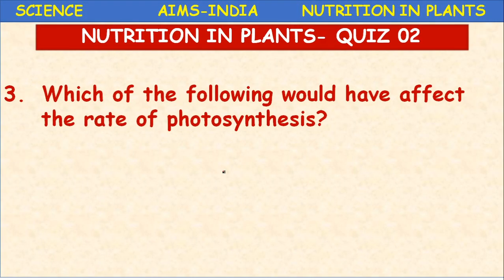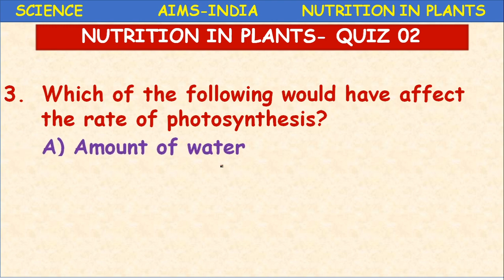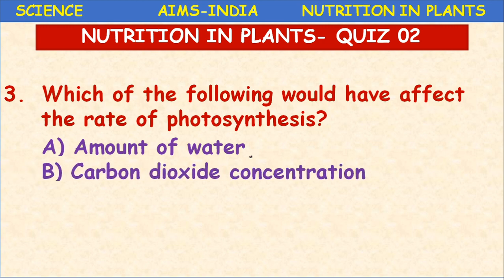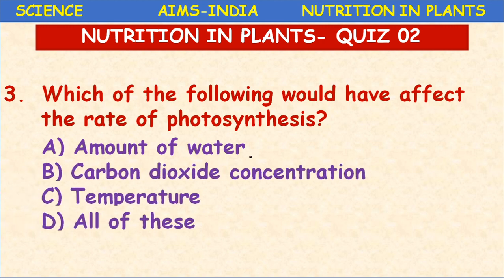Next, which of the following would affect the rate of photosynthesis? Amount of water, carbon dioxide concentration, temperature, or all of these. So these are all called the limiting factors of photosynthesis.